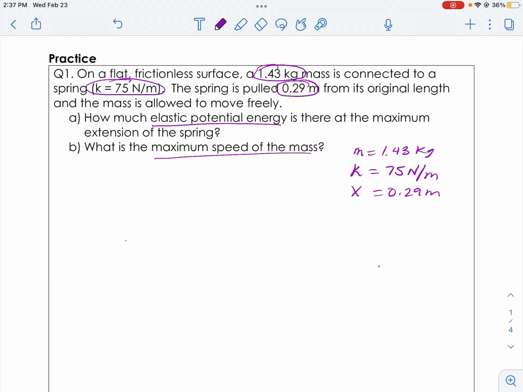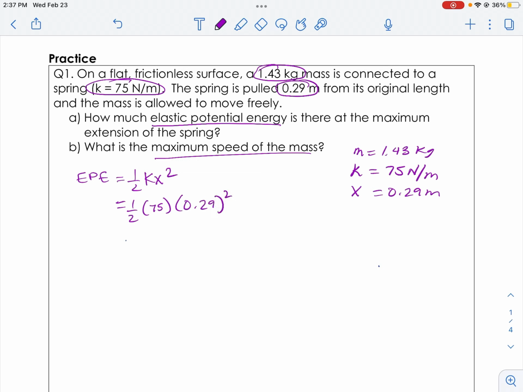So how much elastic potential energy? Well, EPE, elastic potential energy. You could also label that as SPE, spring potential energy, if your heart desired. That would be acceptable as well. They're the same thing, but either way is fine. So that's equal to 1/2 k x squared, 1/2 times 75 times 0.29 squared.